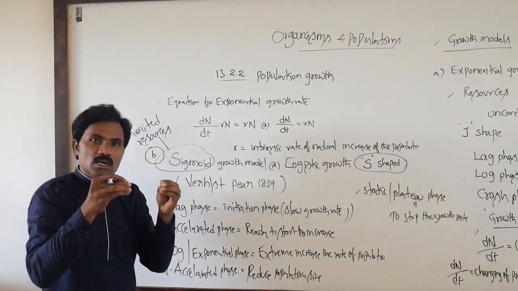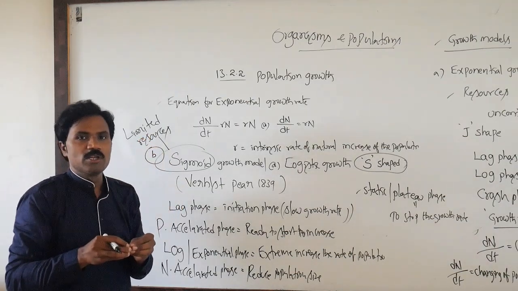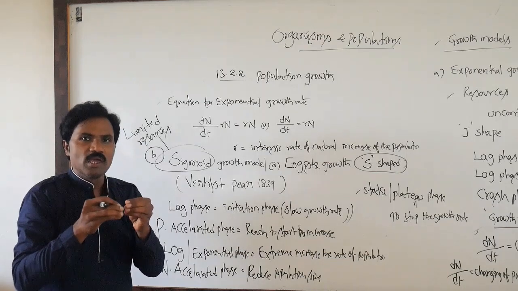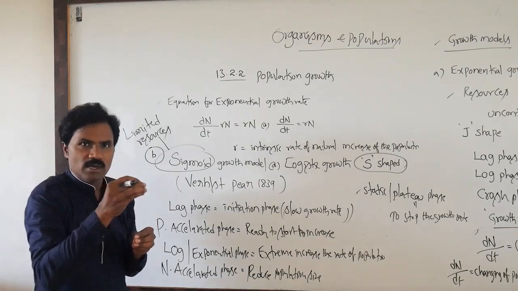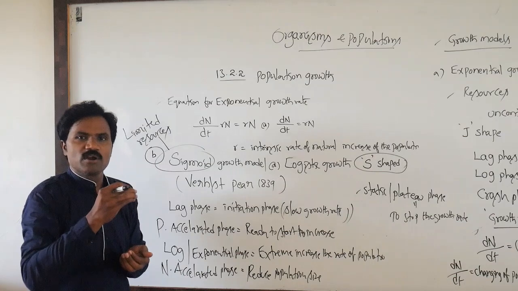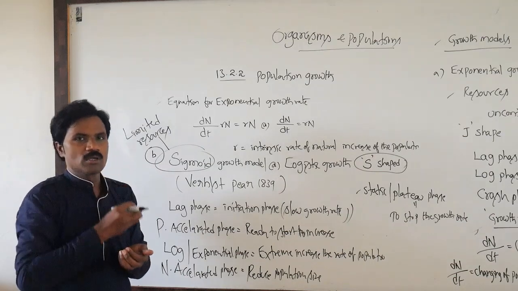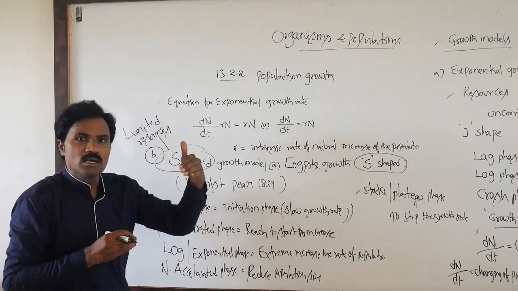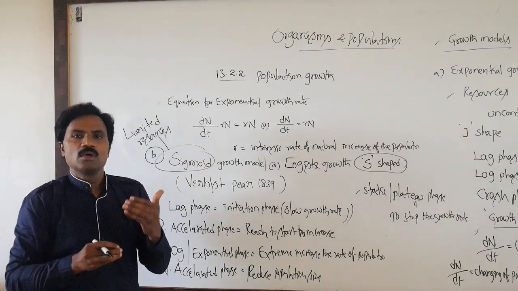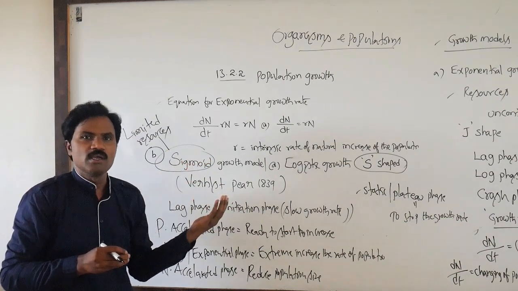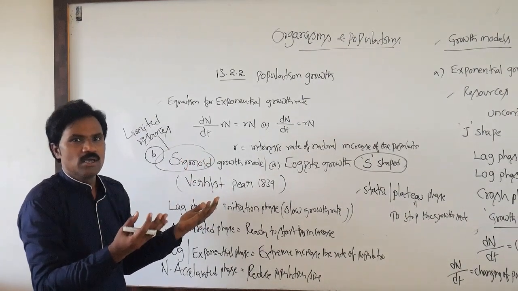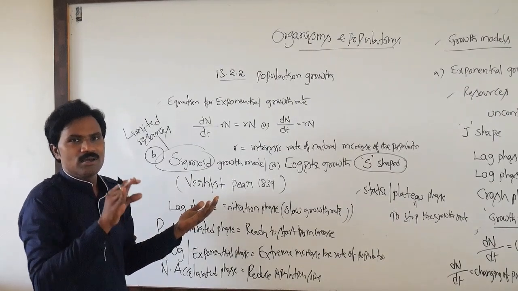Wherever that capacity is reached, that means in that specific habitat, the total number of organisms stop their growth. Because beyond that particular area, there is no availability of food material, maximum emigration, maximum death rate.